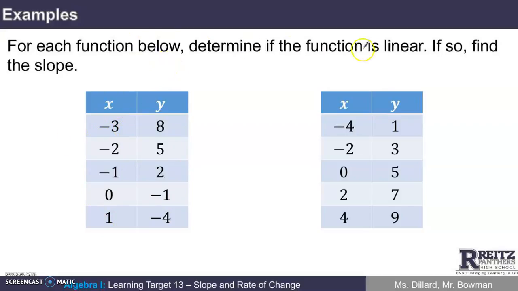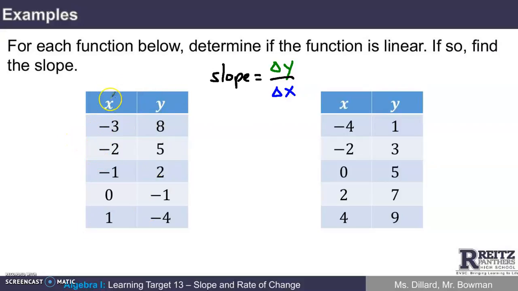To see if it's linear, I want to make sure that the rate of change, the slope, is the change in y over the change in x, and that it will always be the same.